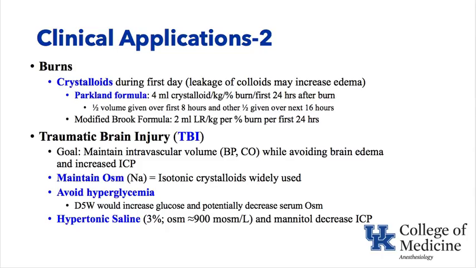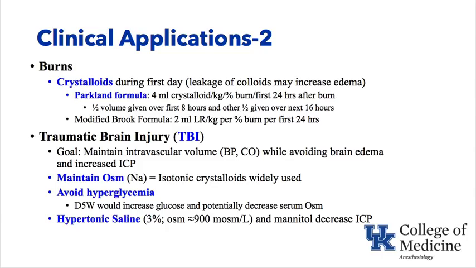You'd say 4 mils times 70 kilos is 280, times 20 is 5,600. That's over 5 liters of fluid, and you'd give half of that in the first 8 hours.